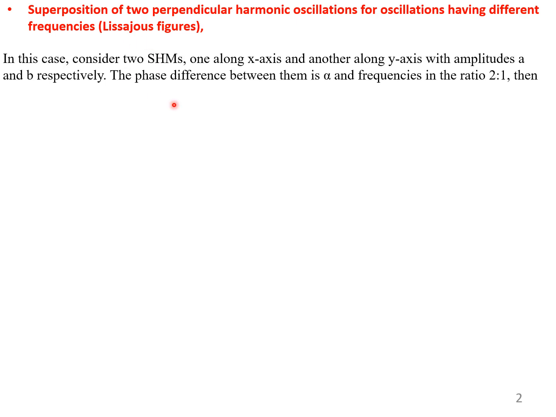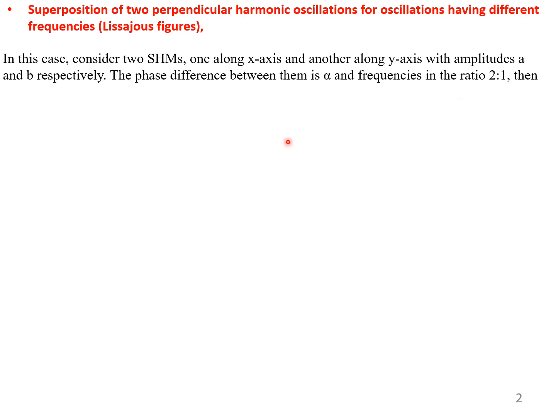Consider two simple harmonic motions acting at right angles to each other on a particle, one along the x-axis and another along the y-axis, with amplitudes A and B respectively. The phase difference between them is alpha and the frequency ratio is 2:1.